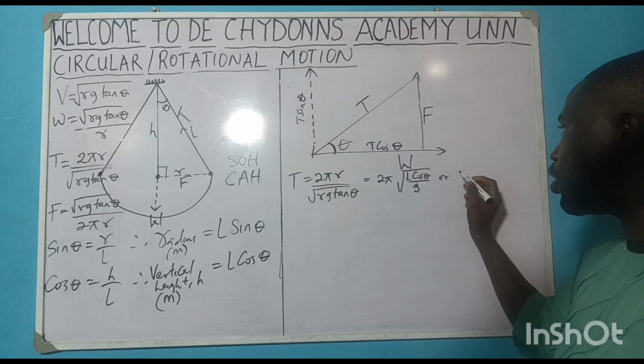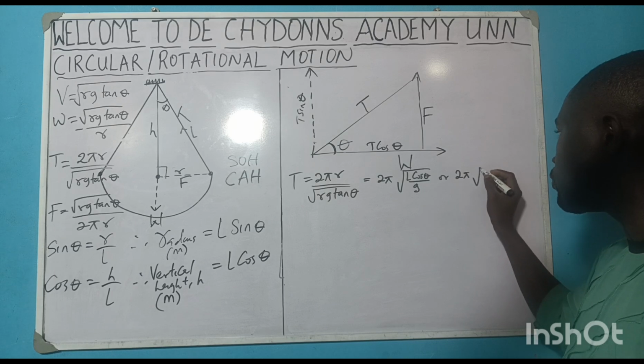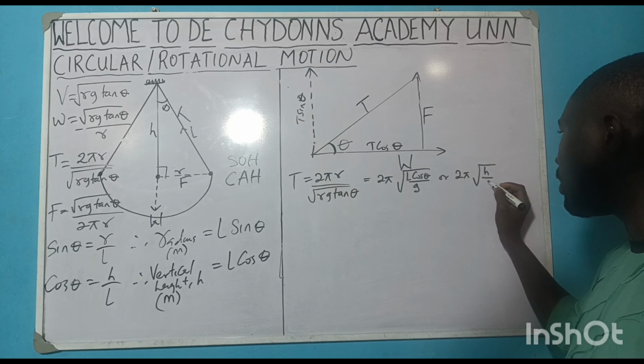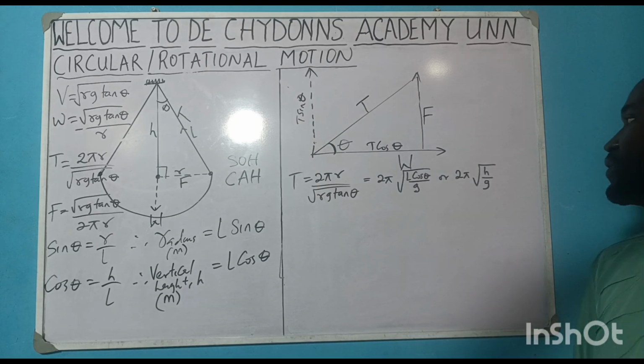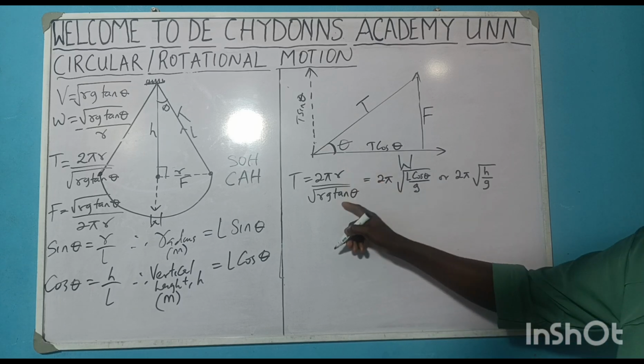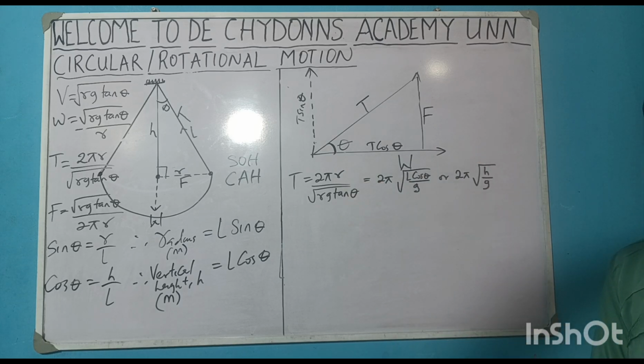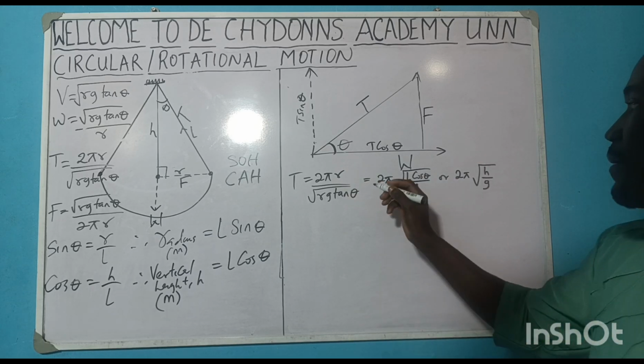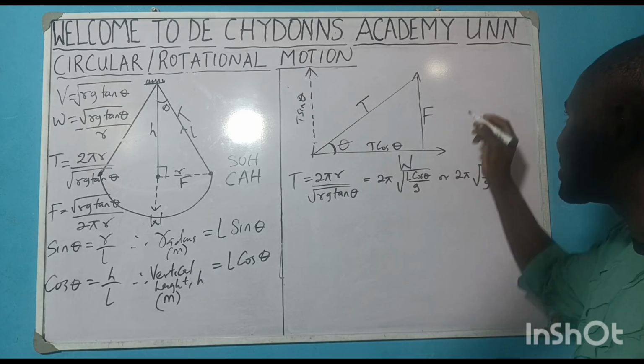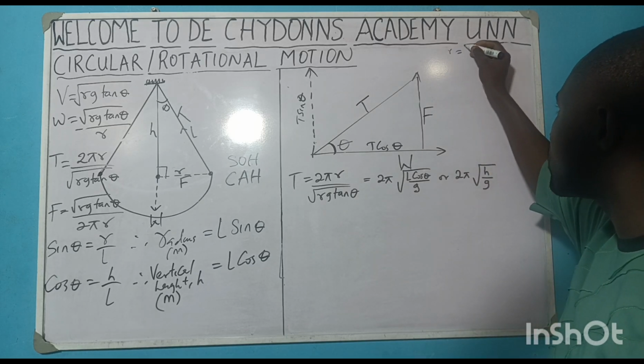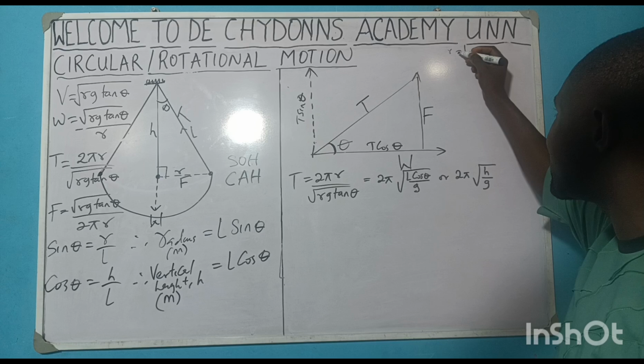G, or 2 pi root H all over what? G. Do you believe that? This thing you are seeing is equal to this. Okay, let me explain. Remember that your R is L sin theta. We had that R is equal to L sin theta here, right?